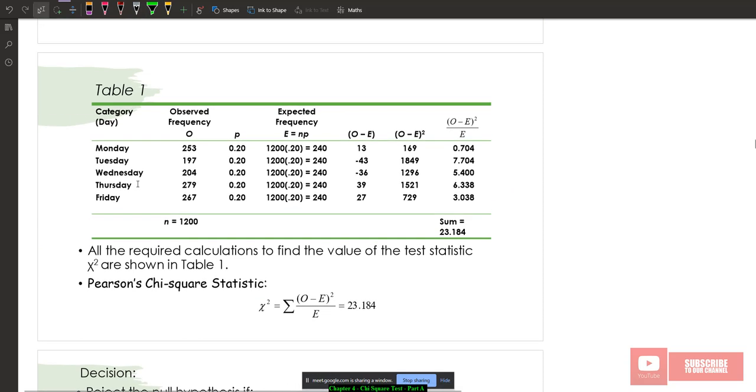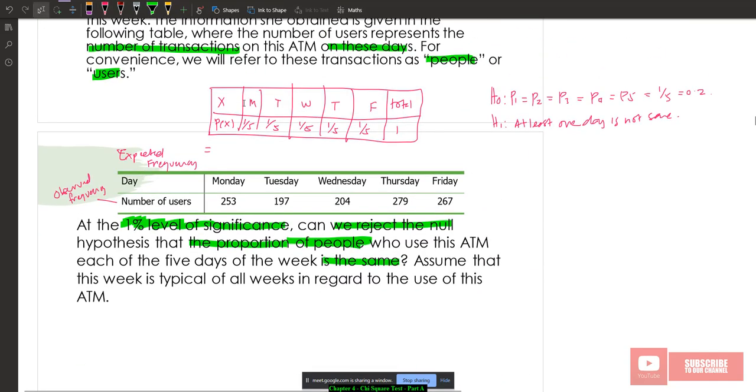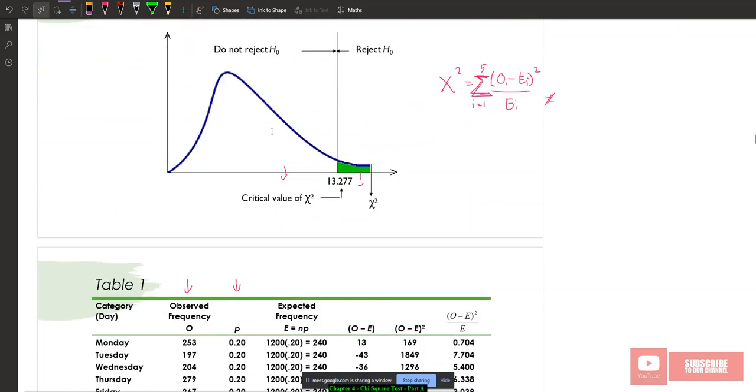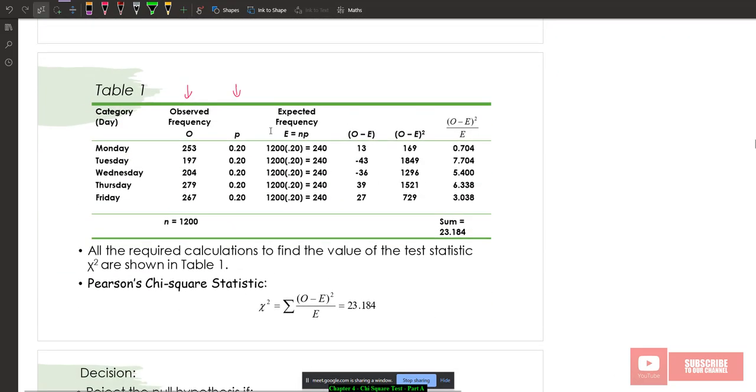So now we create a new table consisting of observed frequency and the probability of success. Probability of success means probability of using the ATM machine, right? So we got 1/5. Remember, we already did 1/5 for each day, because our claim is all days have the same transaction.